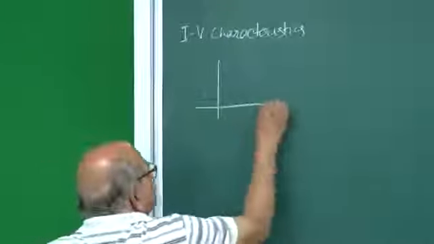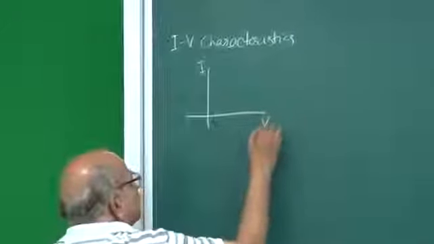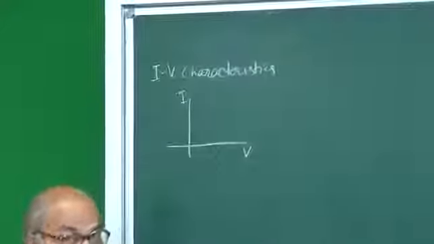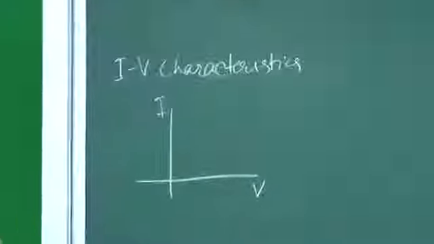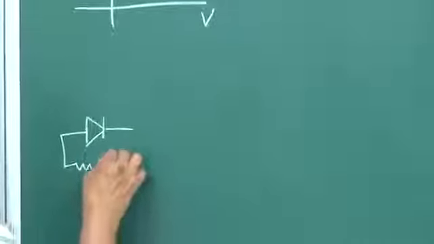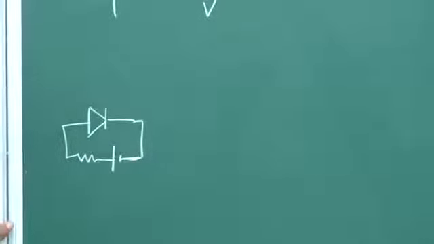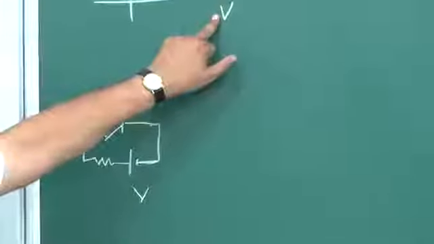For a p-n junction, just one single p-n junction, if this is I and this is V. What V? Which V? If you have a p-n junction in forward bias, and we apply a V here, which V am I plotting here?